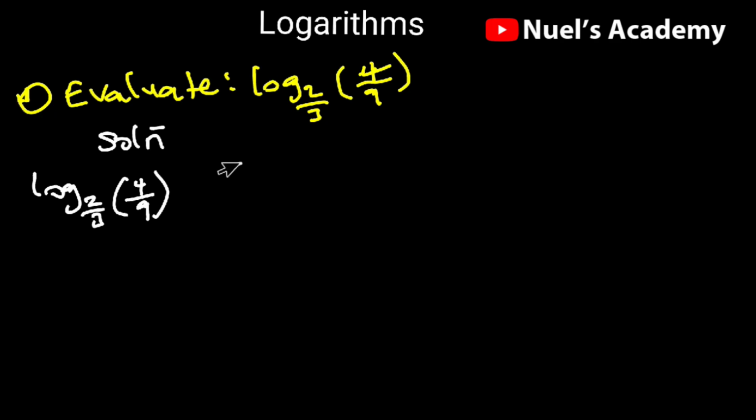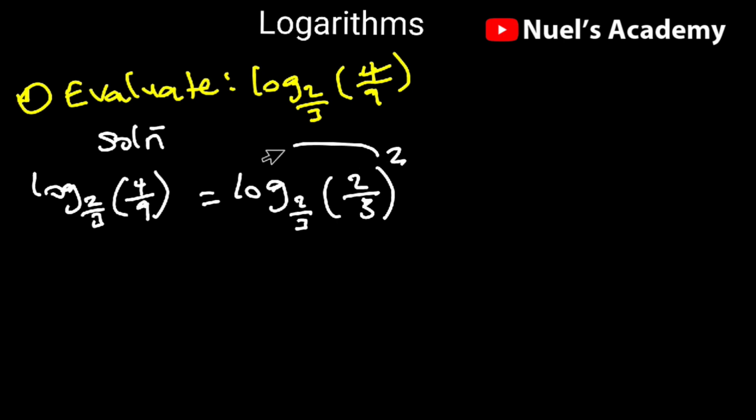Now this 4 over 9 can be written as (2 over 3) all squared, because 2 squared is equal to 4 and 3 squared is equal to 9. So I'm going to write this as equal to log base 2 over 3 of (2 over 3) all squared.